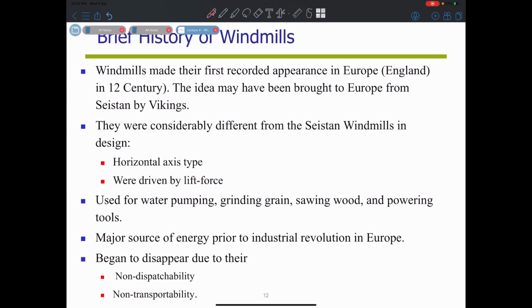Windmills made their first recorded appearance in Europe, and the idea may have been brought to Europe from Sistan. They were different from the Sistan windmills in design, which was horizontal axis type, and were driven by lift force. They were used for water pumping, grinding, sawing wood, and powering tools.